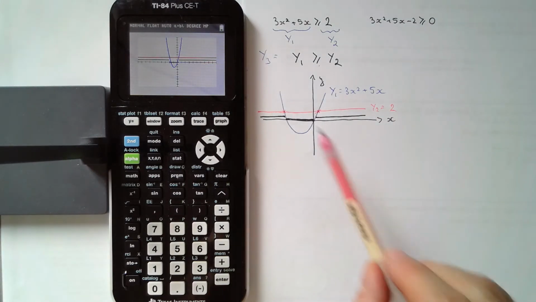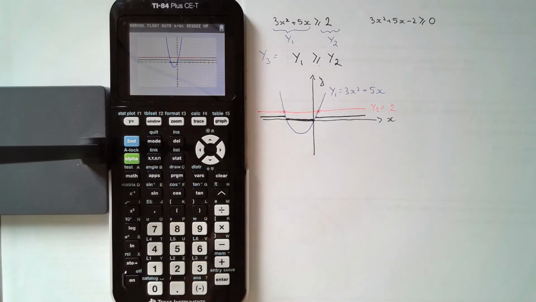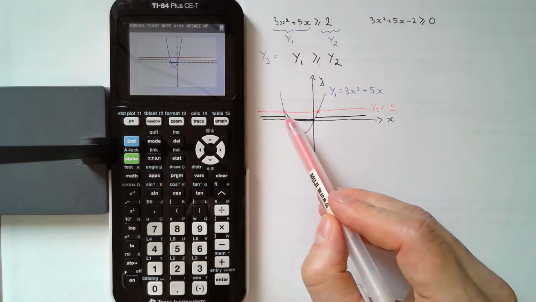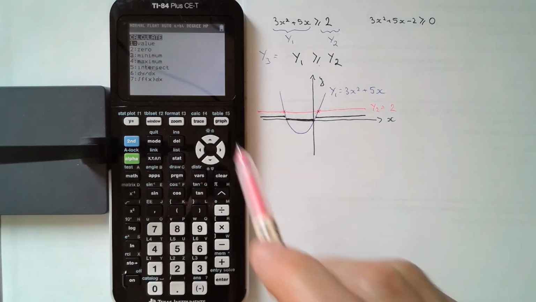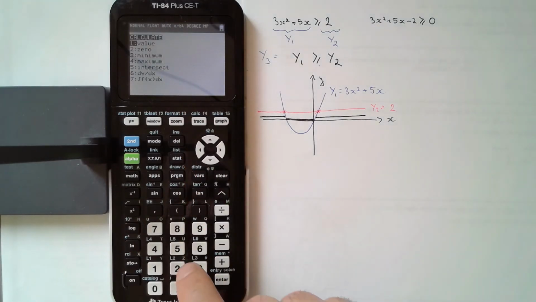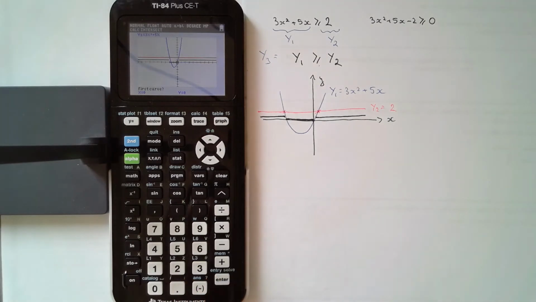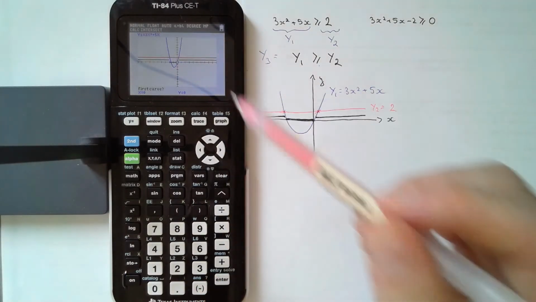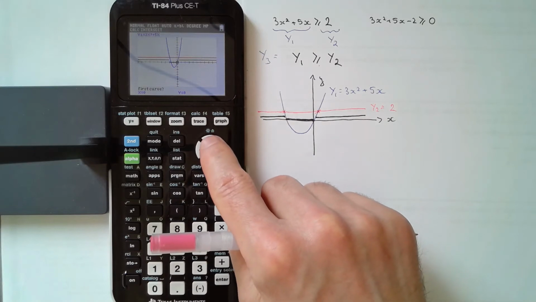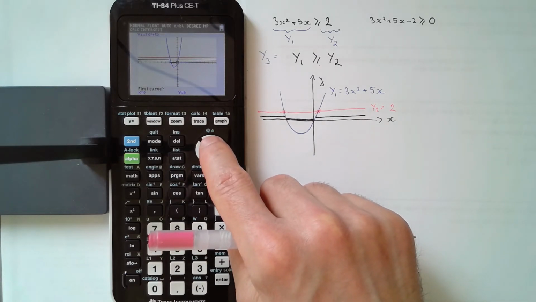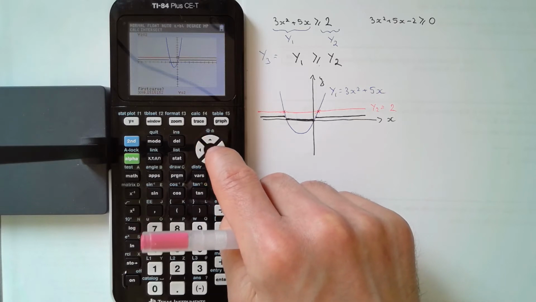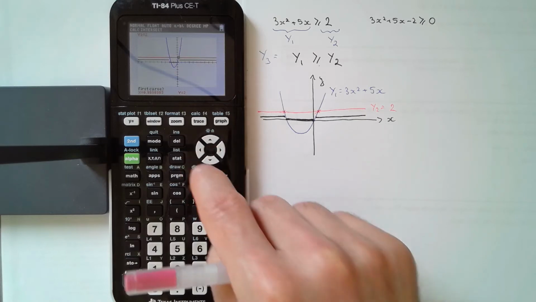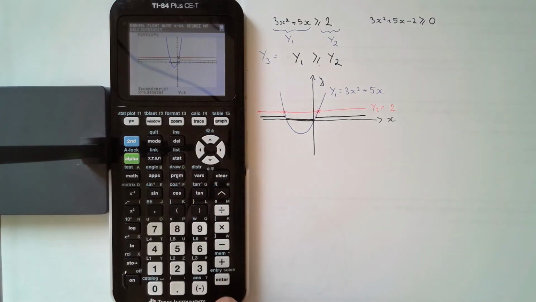So to find this intersection, we're gonna go to second, calc. We want to go to 5, intersect. And we want to find out where the blue intersects with the red. So I'm going to try to go into the place where these two lines intersect, and I'm going to click enter. The calculator will ask me for second curve.